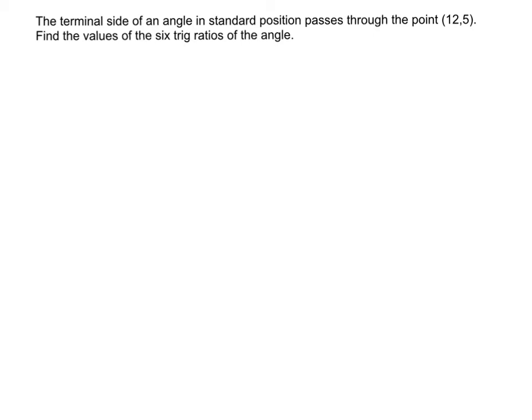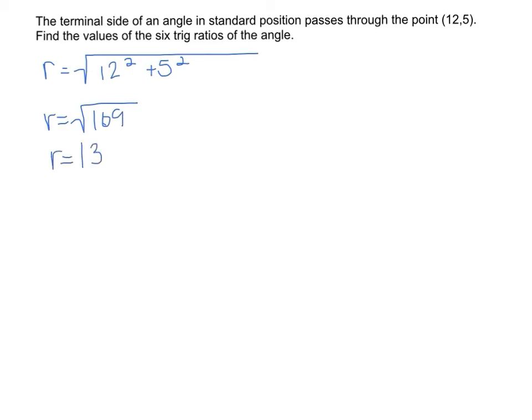Let's do a few examples. Here we know that the angle is in standard position and it passes through the point 12,5. We need the values of the 6 trig ratios. Some things to pay attention to. 12,5 is in quadrant 1, 12 is the x value, 5 is the y value. First thing we have to do is calculate the value of r. Okay, so now we've got x, y, and r.